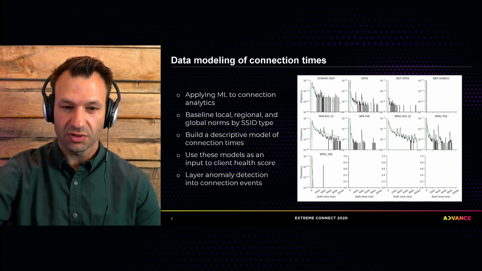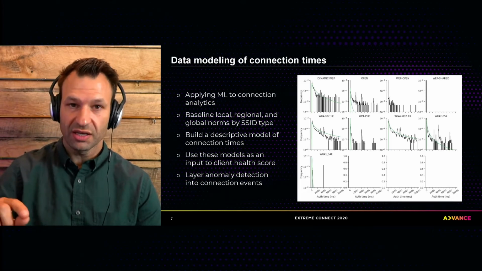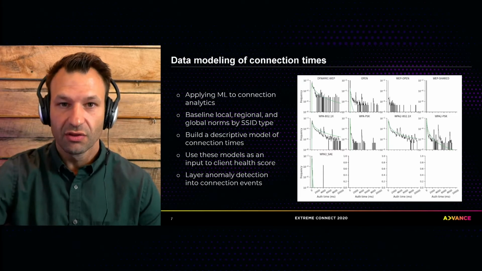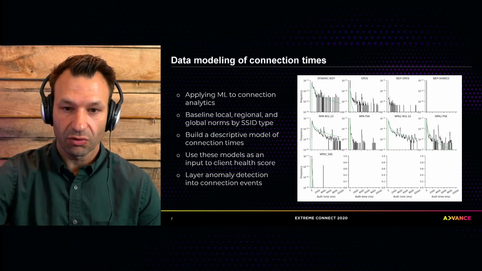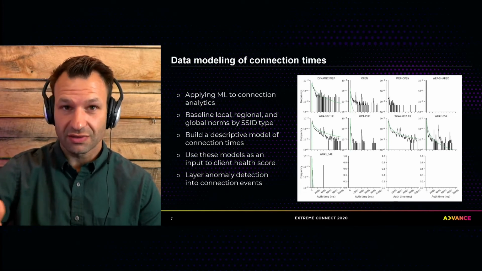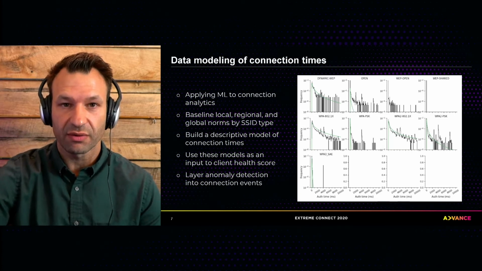What this allowed us to do is baseline what's normal, and then we can take this as one input to the algorithm that determines client health, so that we can think about client health holistically across all those dimensions, and then layer things like anomaly detection on top of the information that we've already learned.